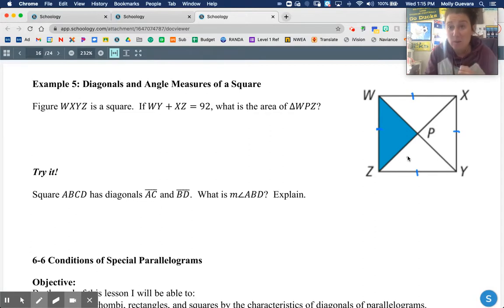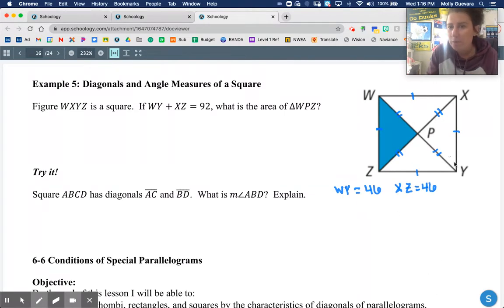In a square, not only are the diagonals the same length, but they also cut each other in half. So this length and this length and this length and this length are equal. So if WY plus XZ equals 92, that means that the length of WY is half of 92, which is 46, which means that XZ is also 46.